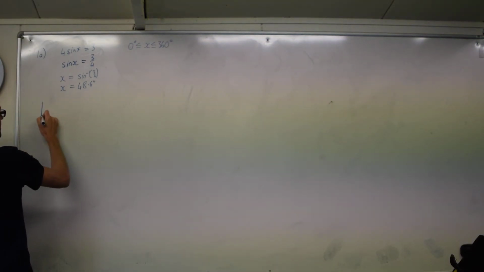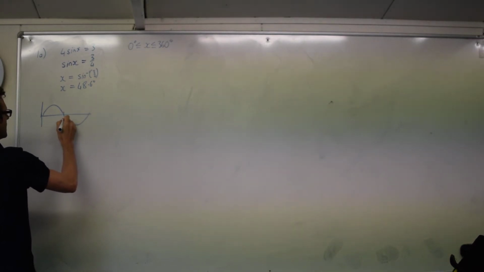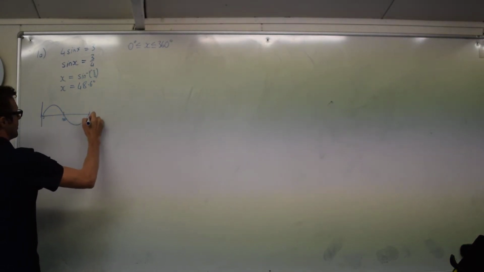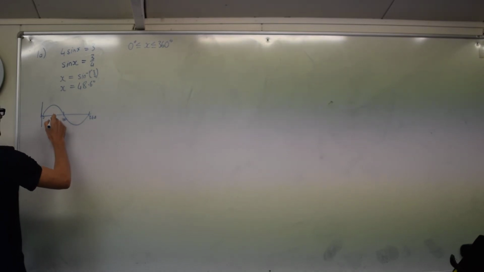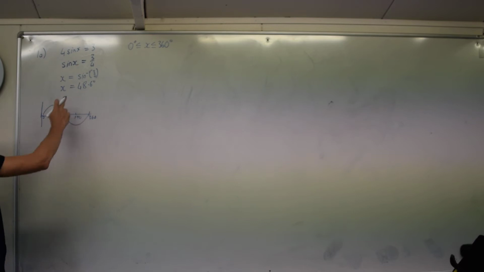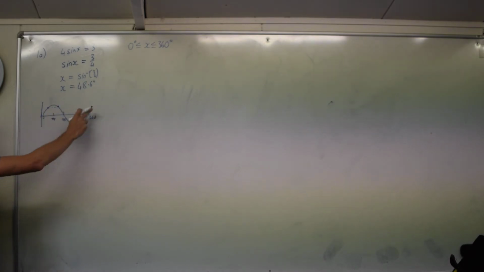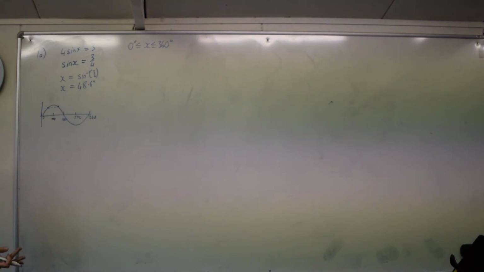So the sine graph looks like this, where this is 0, 360, and 90 here, 270 here. You can see that 48.6 is somewhere over here. So by symmetry you can see there's going to be another result within the range of 0 to 360.